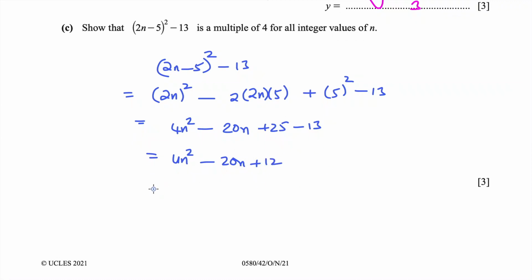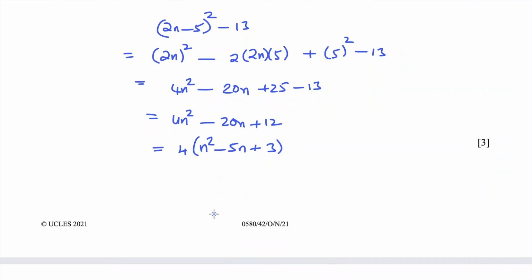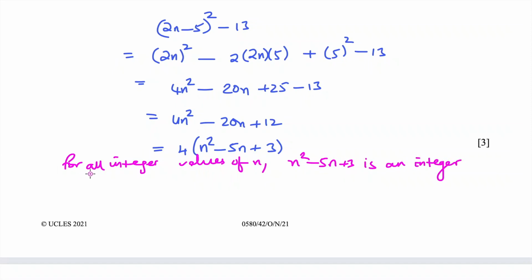And now what I can write is I can take 4 common, which is n square minus 5n plus 3, and we can see that since for all integer values of n, n square minus 5n plus 3 is an integer, and so it is multiplied with 4, and so 2n minus 5 whole square minus 13 is a multiple of 4.